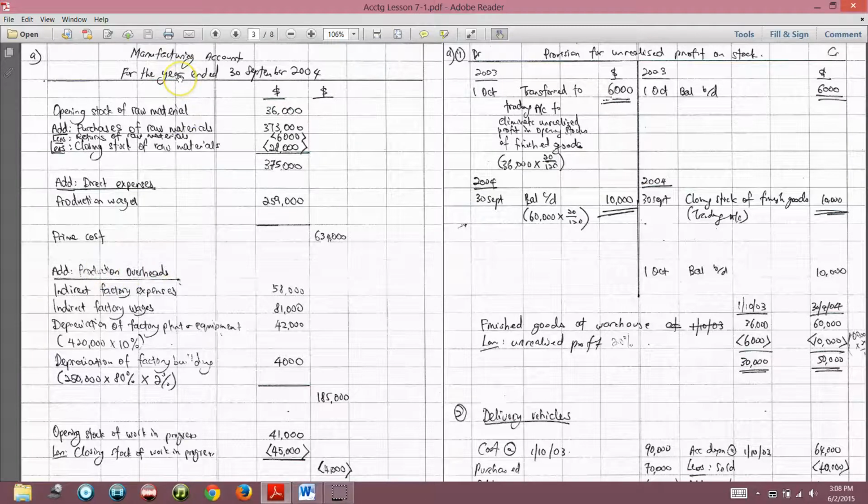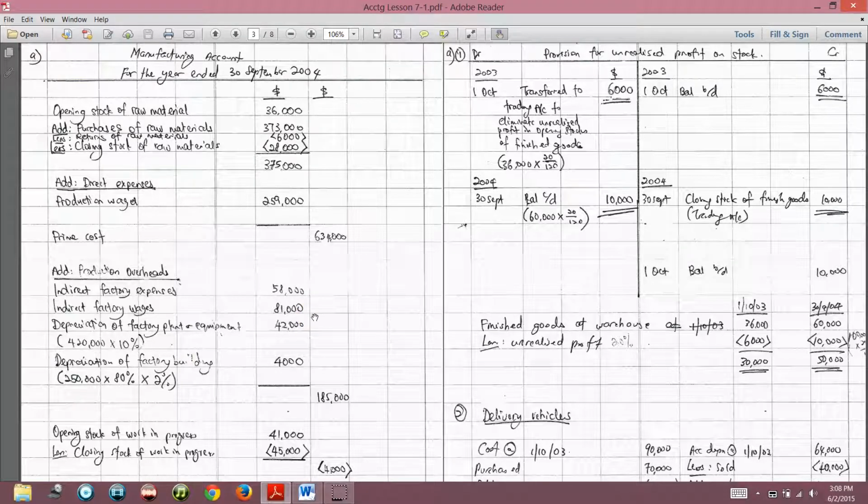This manufacturing account is a factory account, so you must identify all the overheads relating to the factory. So we have indirect factory wages. Whatever figures you have used in the question, you tick so that you don't get confused. 58,000 indirect factory wages. Okay, this is 81,000.